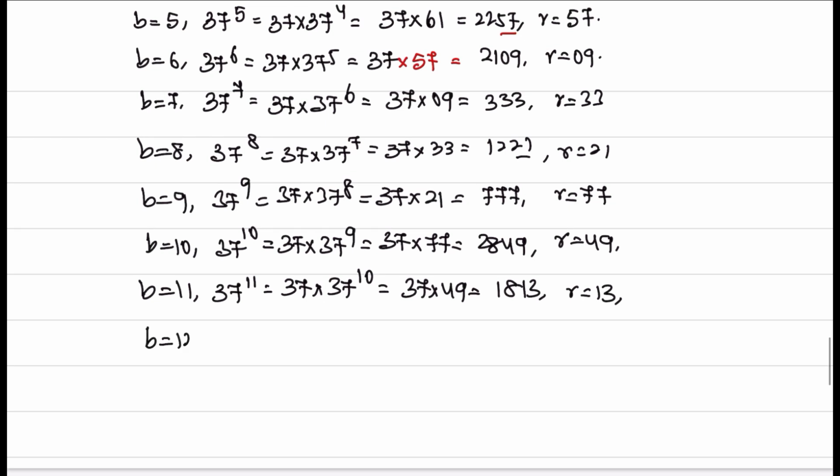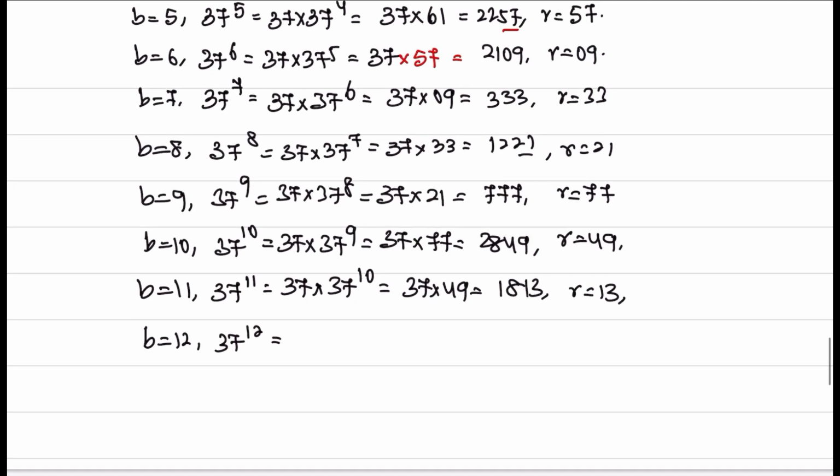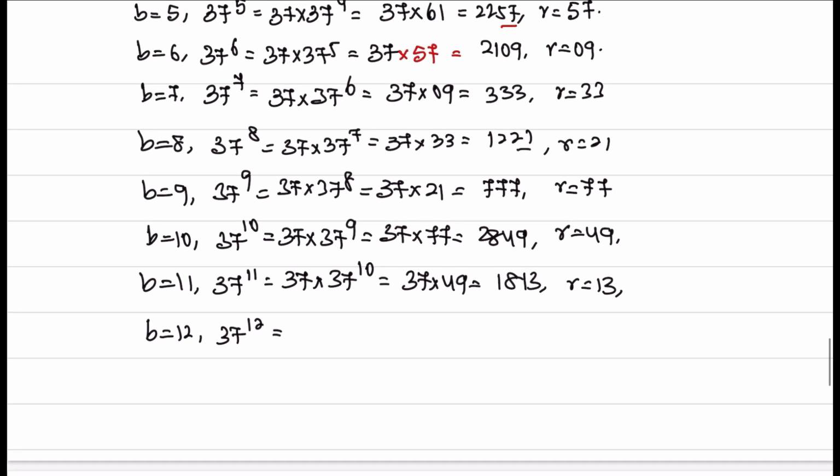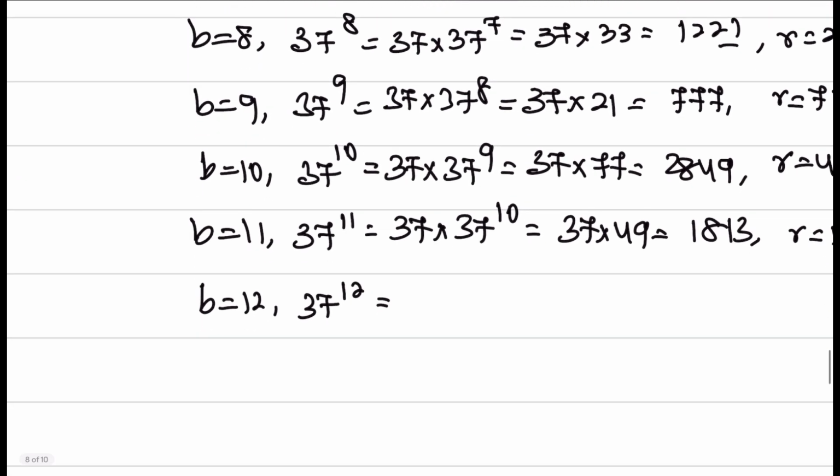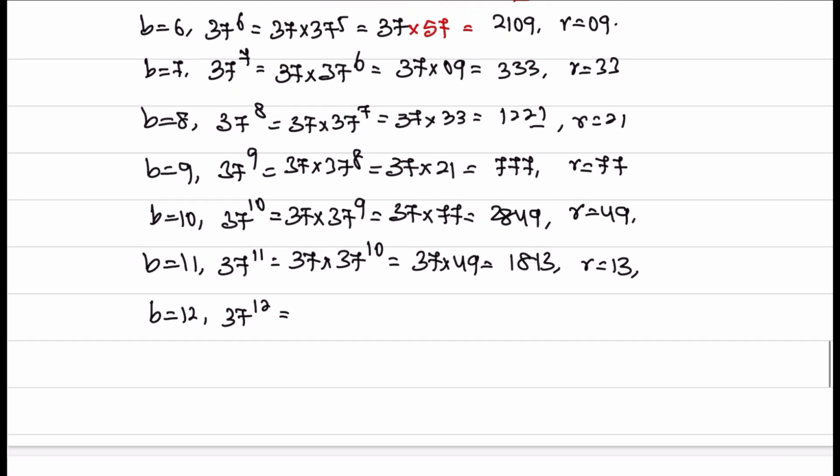b is equal to 12. 37 to the power of 12 is equal to 37 into 37 to the power of 11, that is 37 into 13, that is equal to 481.